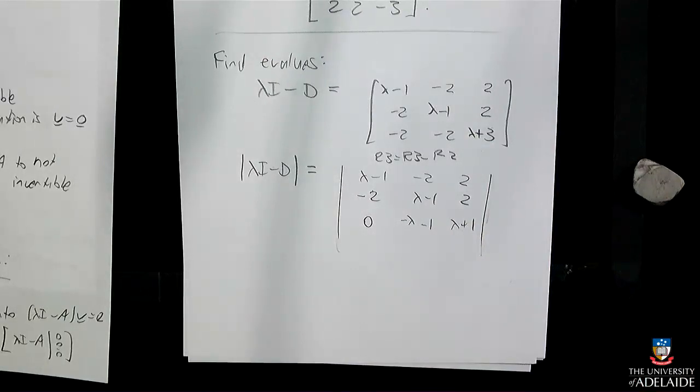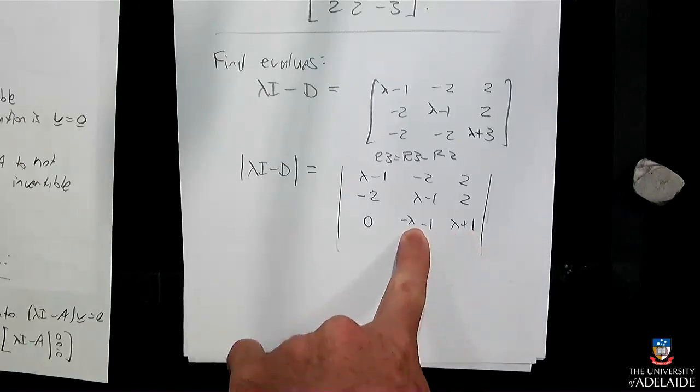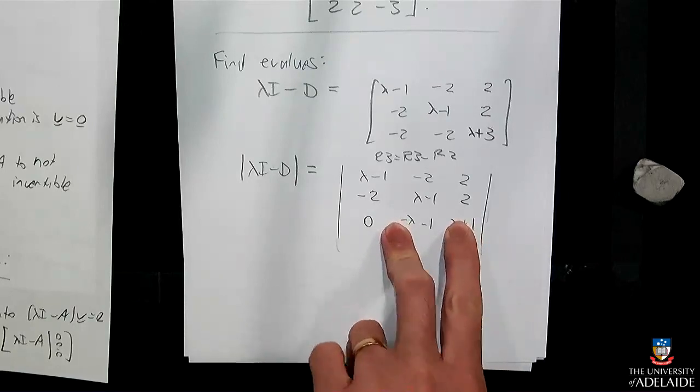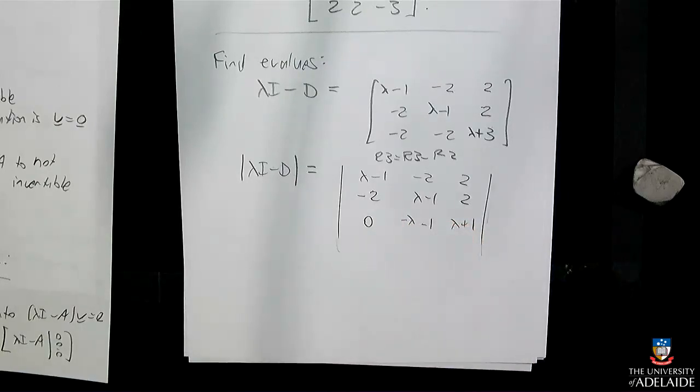Then I notice that this is a lambda plus 1 and this is a minus lambda plus 1, so they've both got a lambda plus 1 in it. And I know that if there's a multiple all the way through a single row of a matrix, I can pull it out of the determinant.